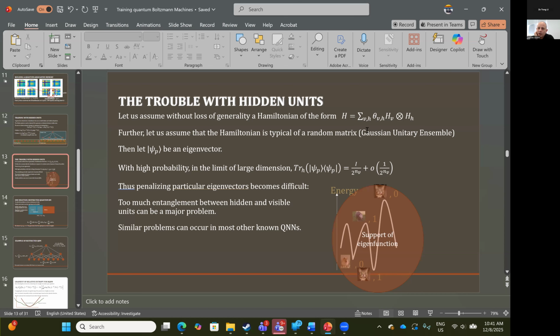For the next result, looking at the relative entropy training, I don't believe we showed it for the case of hidden units. I think we showed that there was no barren plateau for the all visible quantum Boltzmann machine, at least no unconditional barren plateau for the entire Boltzmann machine. And we didn't need to make any deeper assumptions about the Hamiltonian.